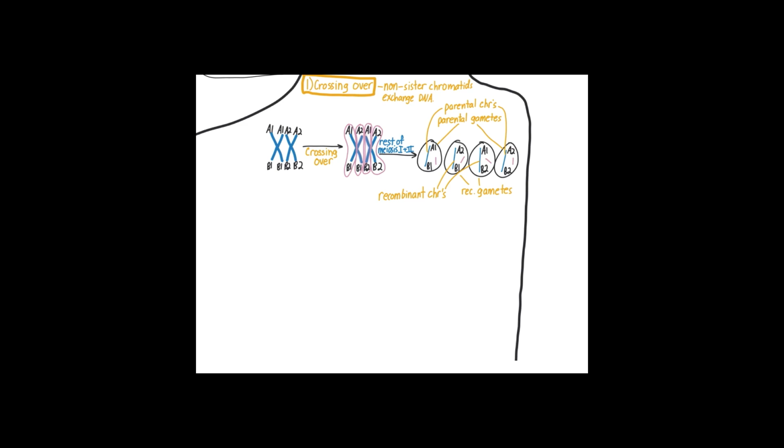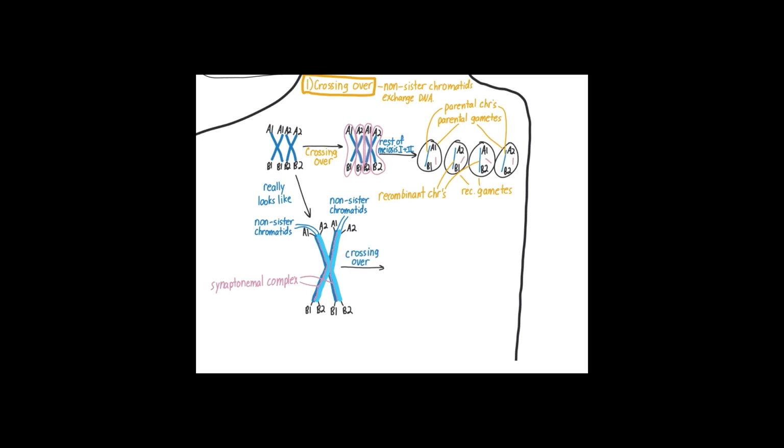In 3 dimensions, a tetrad really looks more like this. The synaptonemal complex, made of RNA and protein, holds the two non-sister chromatids together and facilitates crossing over.